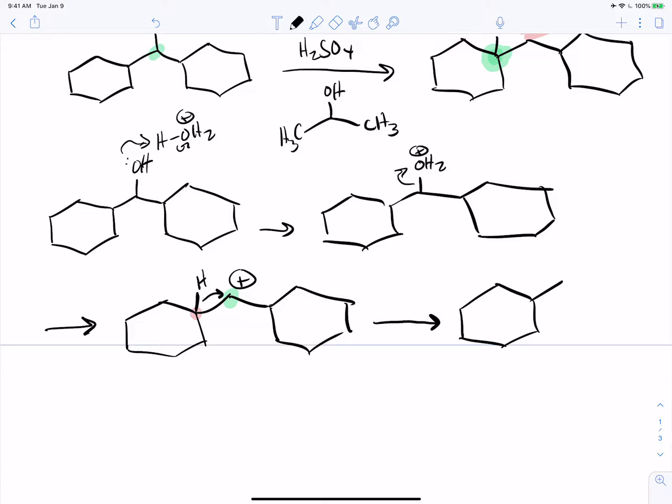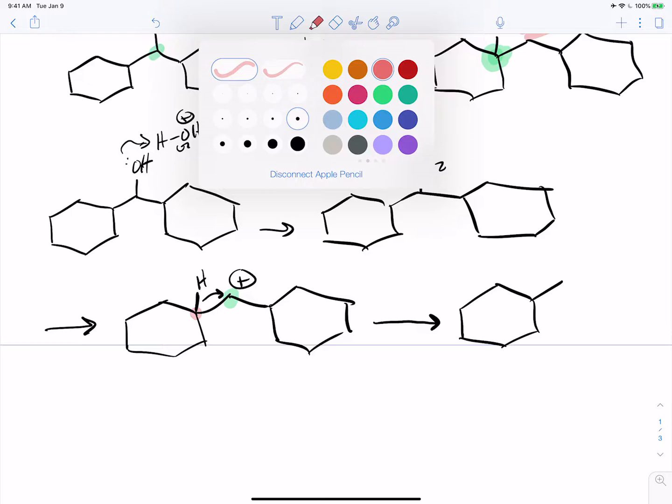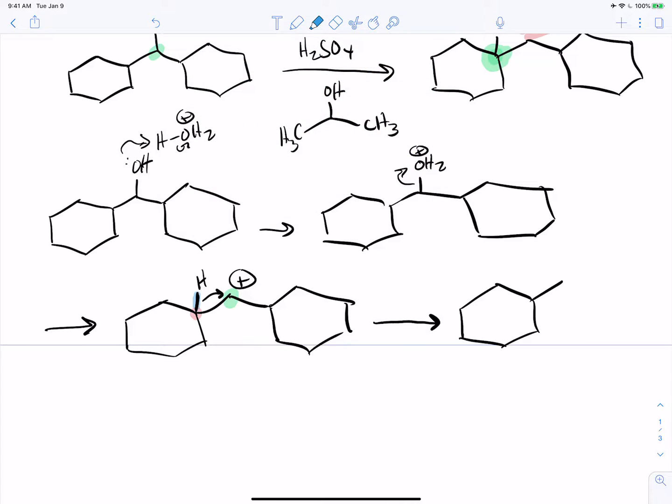So the electrons that are inside of the hydrogen-carbon bond go with the hydrogen and form the new bond next to it. So this one already has a hydrogen. Right? Now it's got two hydrogens. So those electrons go with that hydrogen.